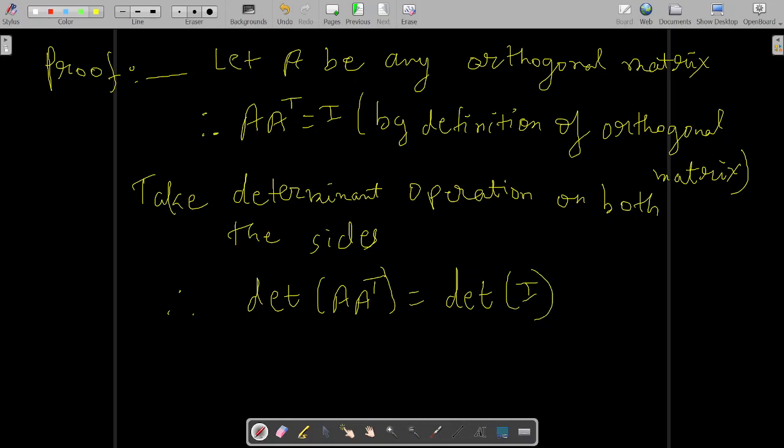Then by the property of determinant, this determinant of I will be equal to 1. This you know already. And apply the distributivity property over here. So by applying the distributivity property, you will get something of this kind.